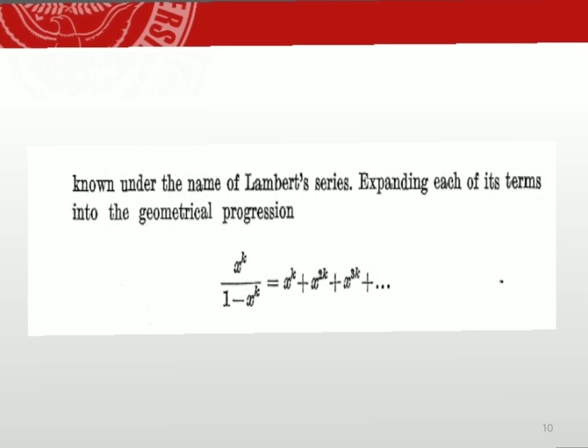Known under the name of Lambert series, expanding each of its terms into a geometrical progression, we have x raised to k over 1 minus x raised to k equals x raised to k plus x raised to 2k plus x raised to 3k plus dot dot dot.